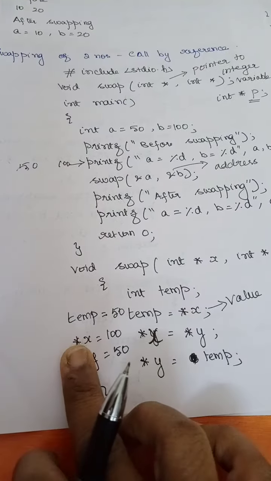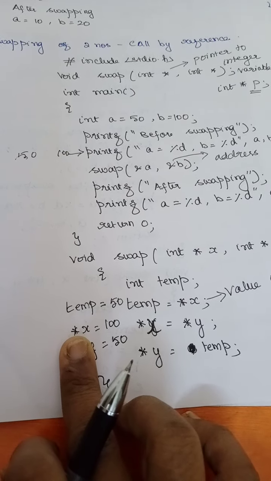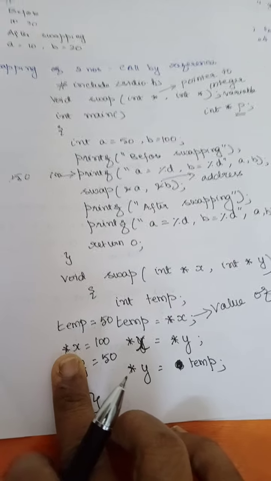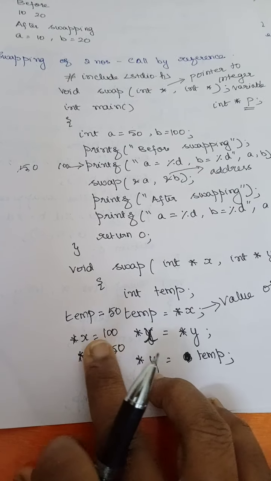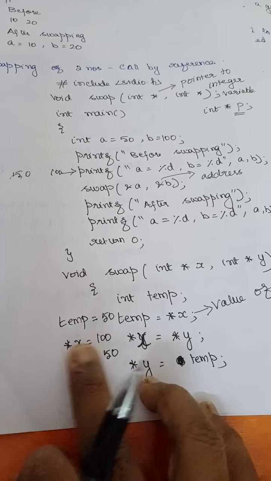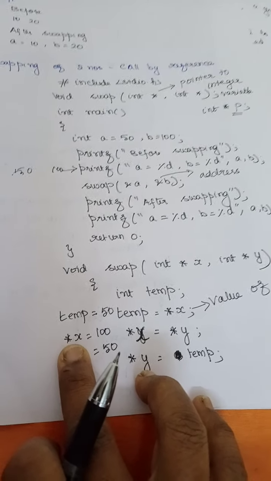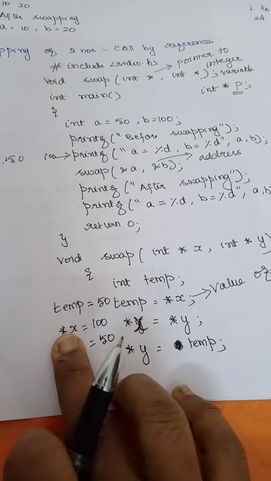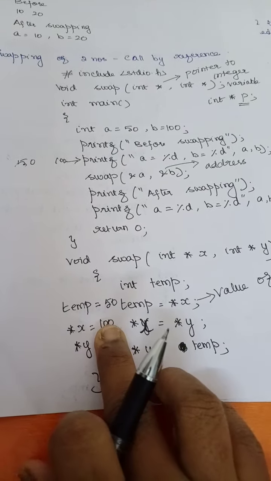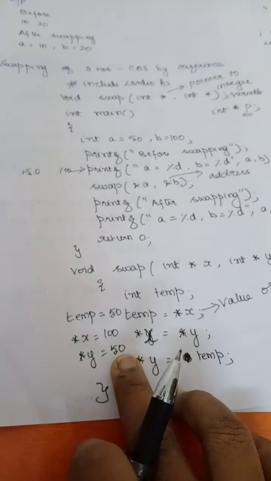Now star X refers to the location where A is stored in the memory, right? So in that place itself I am modifying the value. So star X refers to the location where A is present, and that value is now equal to 100. And Y, the actual location, is equal to 50.